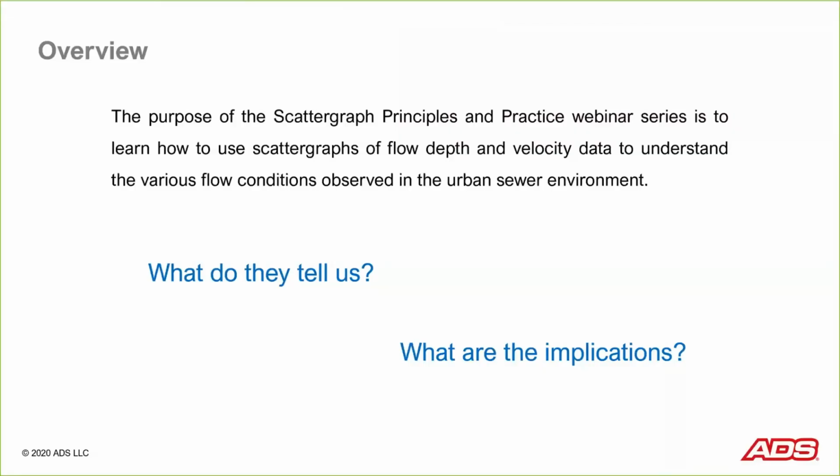And with this version of the webinar, we're going to talk about using some of those same techniques to evaluate nearby structures, such as pump stations and siphons, and use the data from a gravity sewer nearby to assess the performance of that structure.